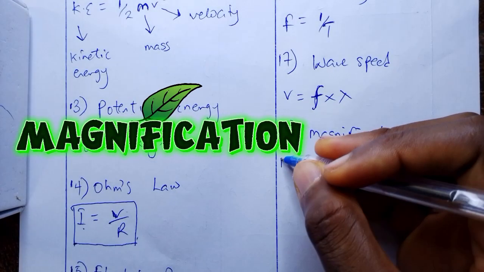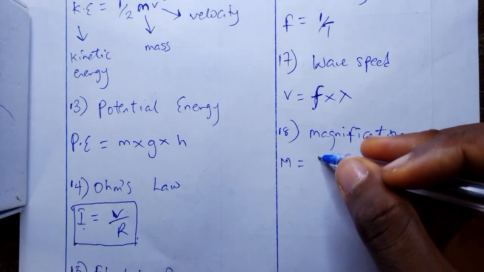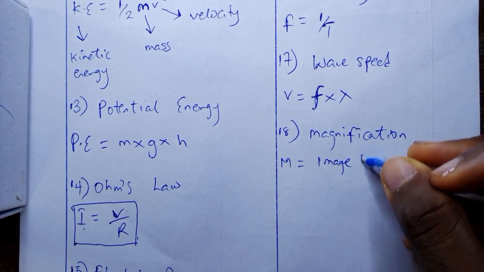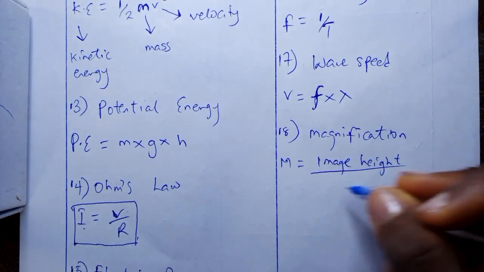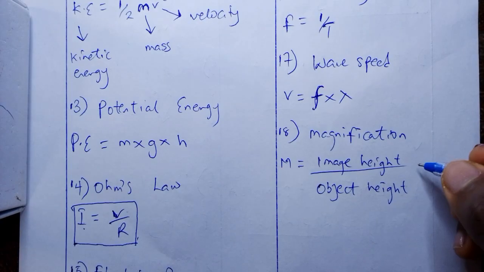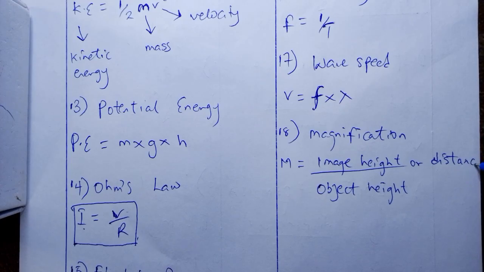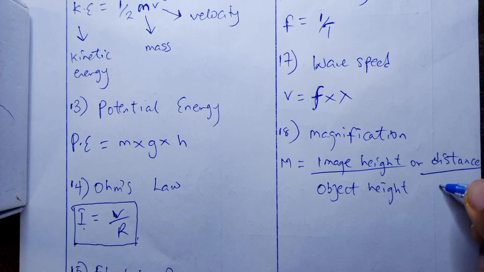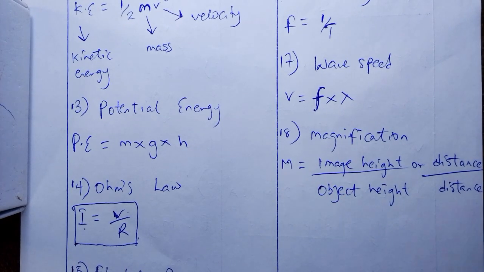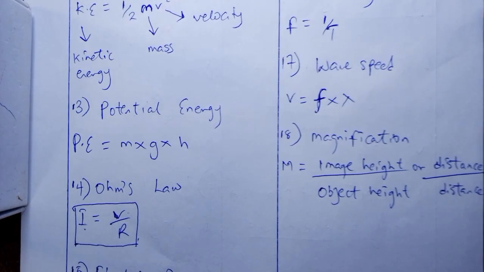Our magnification equals image height all over object height, or image distance over object distance, depending on what is given in your question. This is how you find the magnification of a mirror.